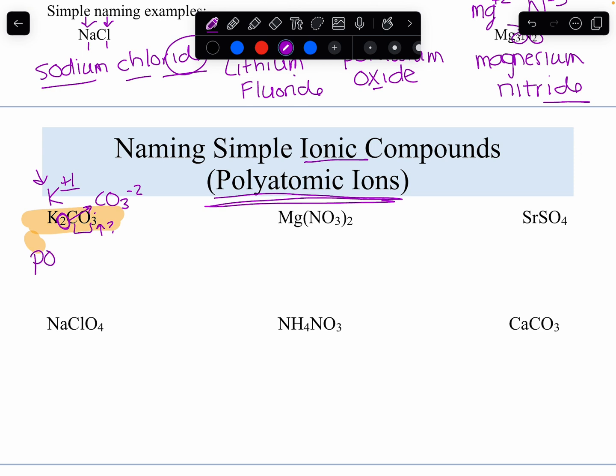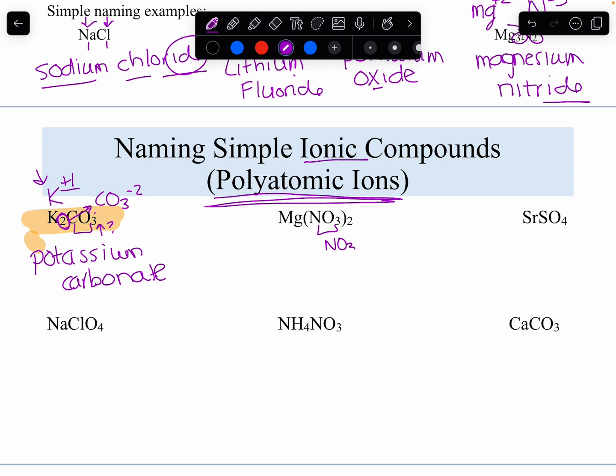Because you need to know that the name of it is potassium carbonate. And again, you will see that word carbonate associated with this CO3 minus 2. Okay? So you need to look at this second half, or the first half, depending on which one looks a little bit confusing. Find the thing that matches, and I'd like you to write it above, because you're going to need that as we move through here.